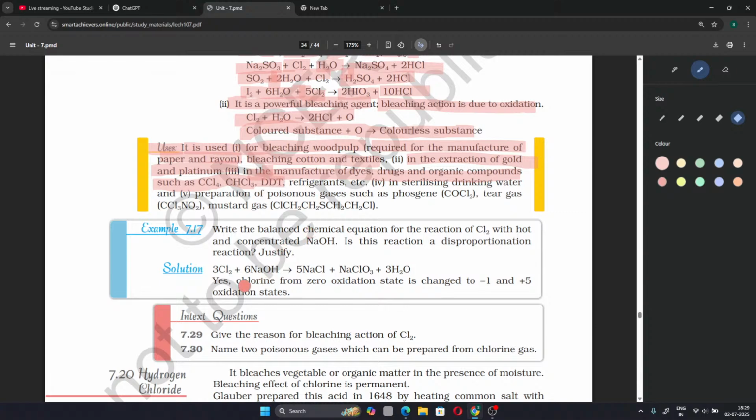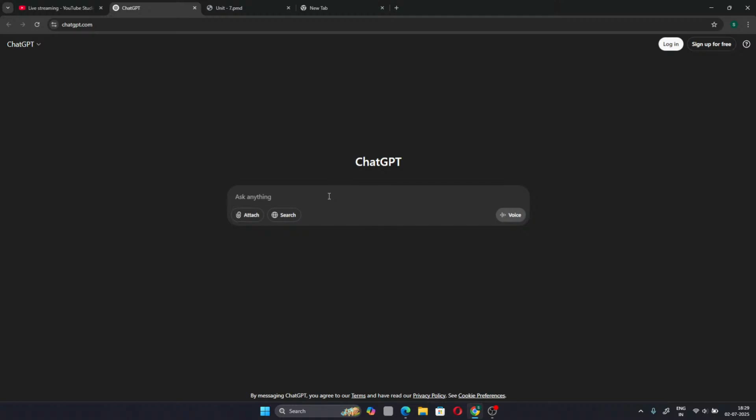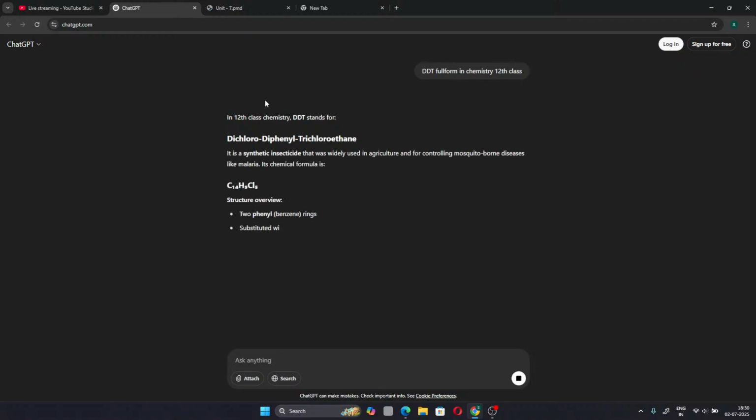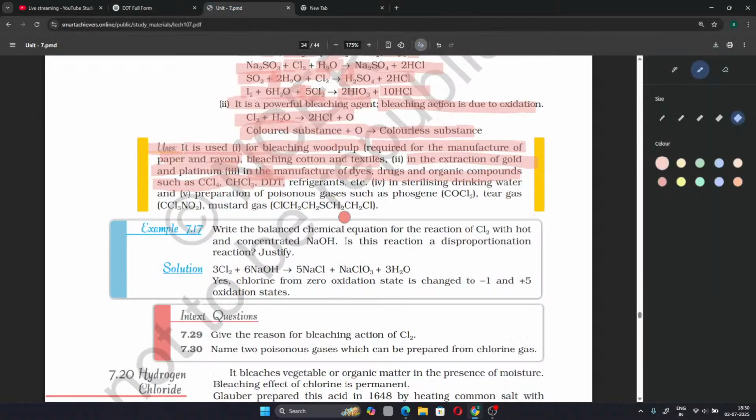DDT is basically dichlorodiphenyltrichloroethane, which contains chlorine.